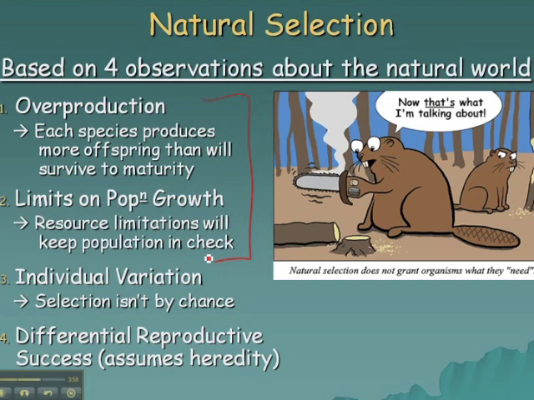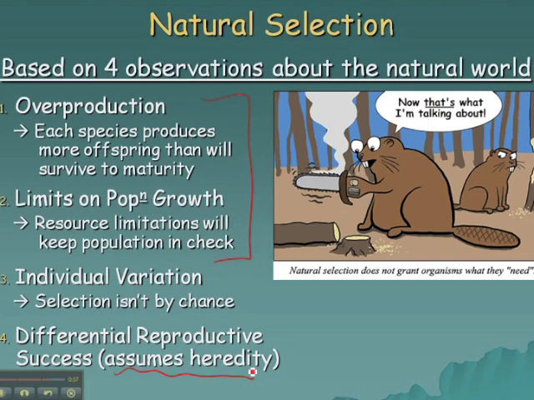The last idea is this, and your book talks about differential reproductive success. Essentially, this has to assume that you have heredity. So let's say you have a giraffe that has a longer neck and is able to reach leaves better, so it's going to survive.